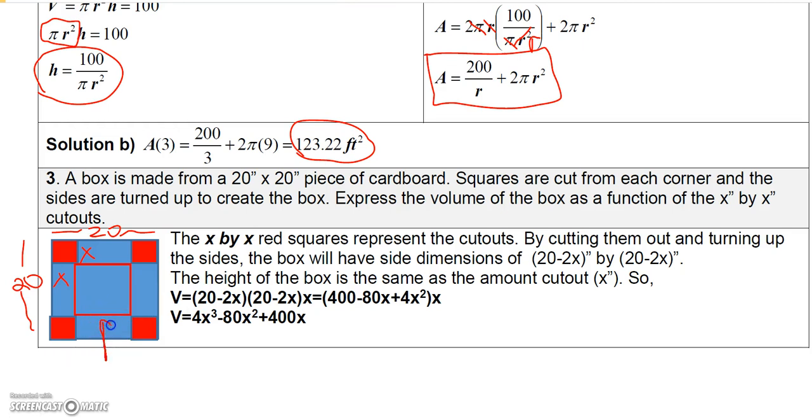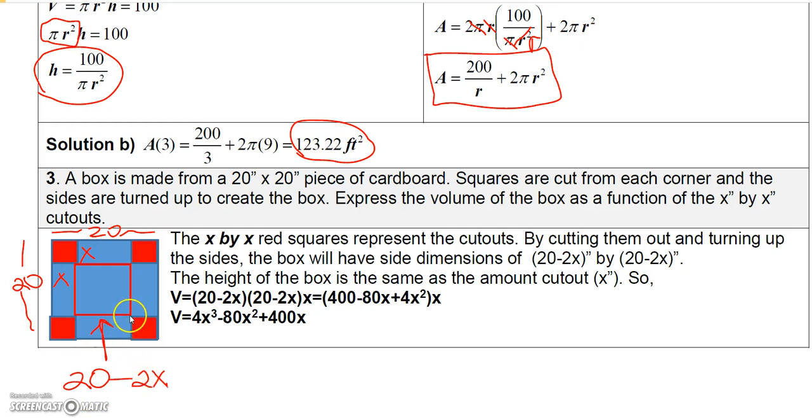So let's say the dimension here. Well, we know the distance from here to here is 20. So let's start with 20, but then we know we're going to subtract off x here and subtract off x here, so the dimension would actually be 20 minus 2x. And so the dimension of each side of this square would simply be 20 minus 2x.